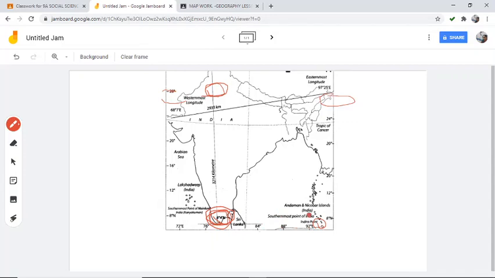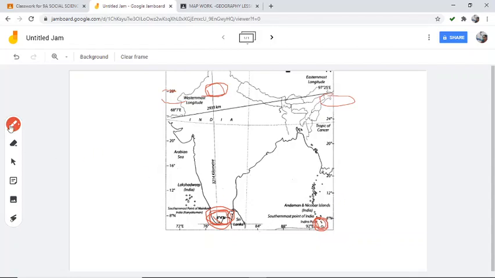If the question is Indian Union, then this is Indira Point, which was submerged underwater during the 2004 tsunami. So if the question is which is the southernmost point of Indian mainland, then it is Kanyakumari. You can mark it there. Or if the question is the southernmost point of the Indian Union, then this is Indira Point, which is part of the Andaman and Nicobar Islands.